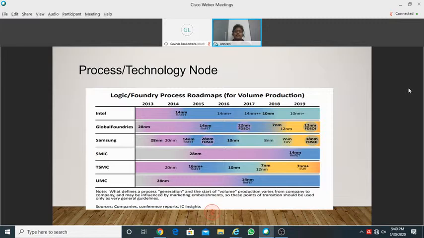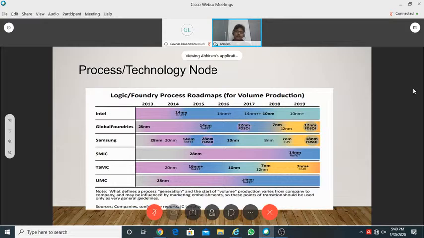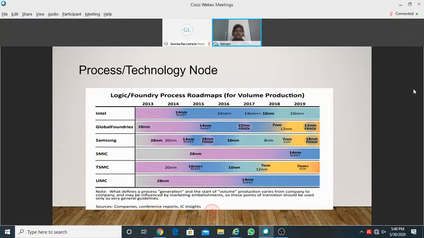That's where we have to go for higher technologies like 5 nanometer and 7 nanometer. This is a driving factor for our production as well as the entire industry, and the entire industry follows Moore's law.